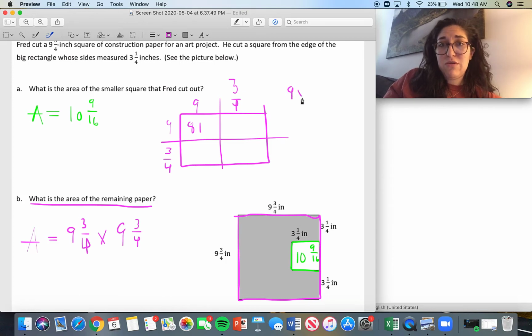This time I'm going to do 9 times 3/4. We could think about there being a 1 under the 9 if that helps you.